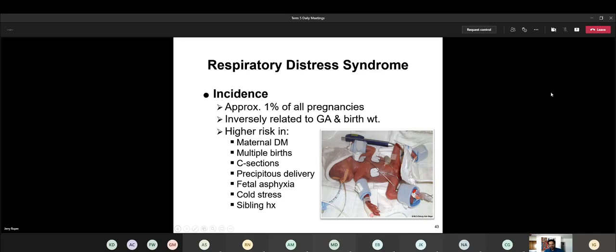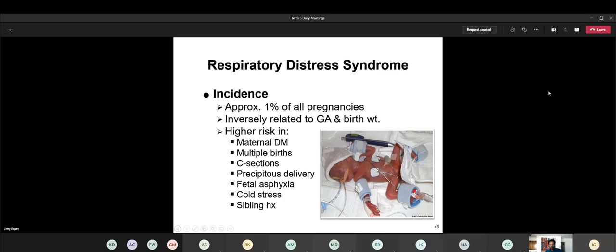Precipitous delivery is just another term for a very, very rapid delivery. We know that labor is supposed to take place over time, over hours. But with a precipitous delivery, sometimes mom has no heads up at all. Maybe she starts to feel a contraction, and in the next second the baby's being delivered.